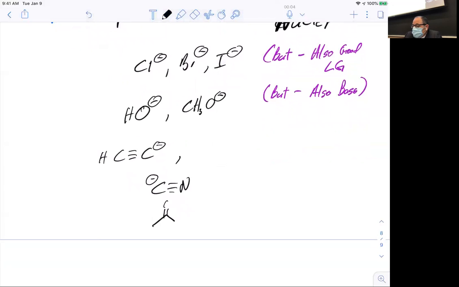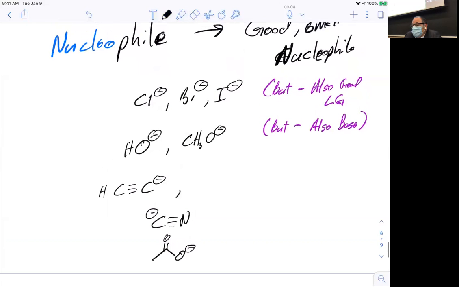The one I showed you is still a pretty good nucleophile, the acetate. So for an SN2 to occur, remember that we only have one curve. So really the ability of it to be a good solid nucleophile is important.